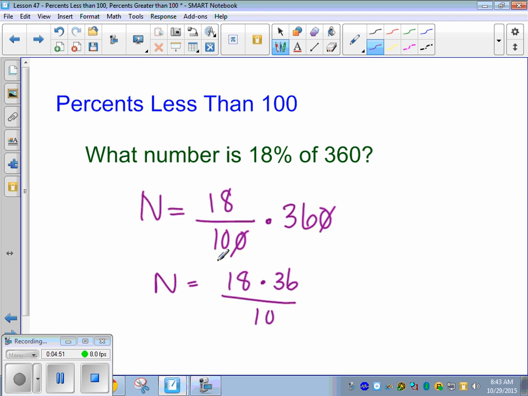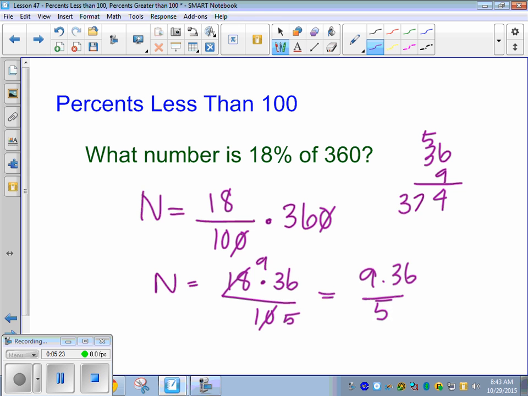18 times 36. I'm going to do some more reducing. So 18 and 10 both can be divided by 2. You guys can kind of do whatever you want from this point. So 9 times 36 over 5. I don't know. You guys, on your set, we would probably just multiply this out, right? So 36 times 9, 324 divided by 5.